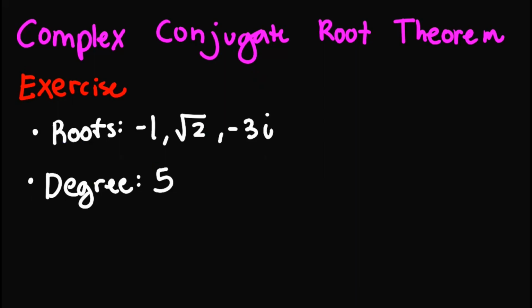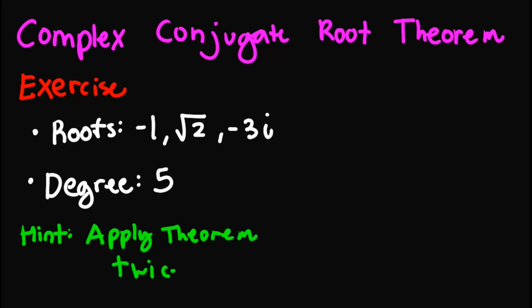So as a hint, you'll apply the theorem twice. Why? Since we have a radical out here and a complex number out here. So you'll apply the complex conjugate theorem on those two to obtain the 5 roots for the degree 5 polynomial equation.